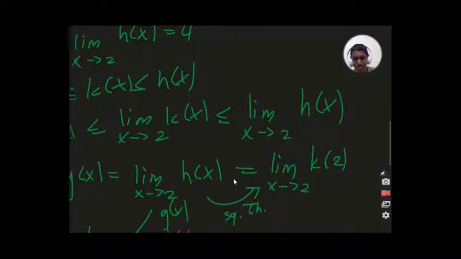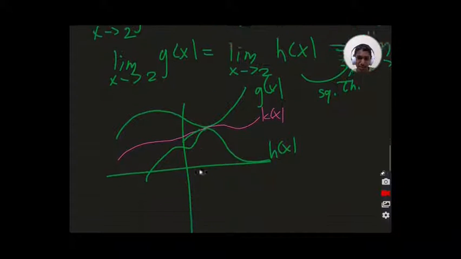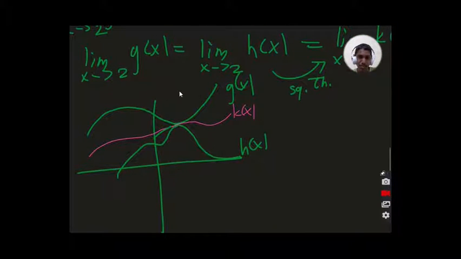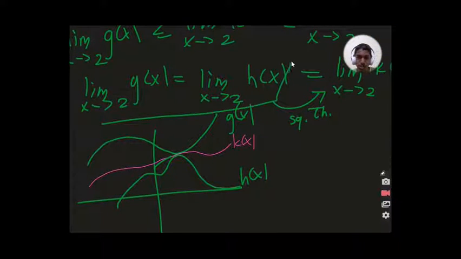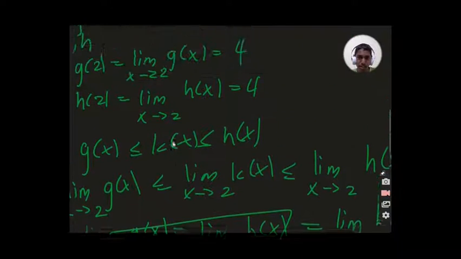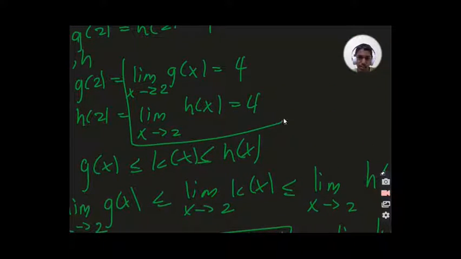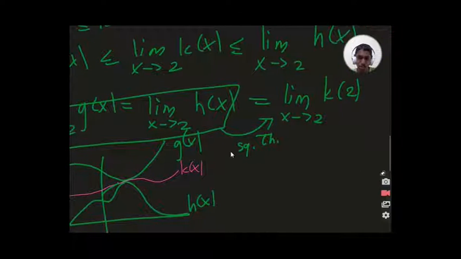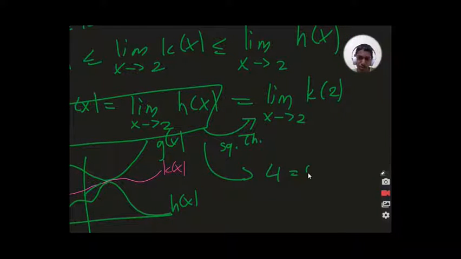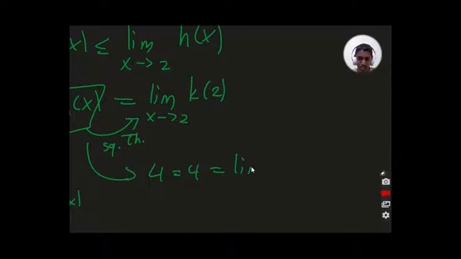So, okay, what's all this squeeze theorem business about? Well, now we know these two limits, because we knew from the definition of continuity that they both had to be 4. So let's just plug those in. 4 equals the limit as x approaches 2 of k of x. Oh, sorry, that should be an x, not a 2.